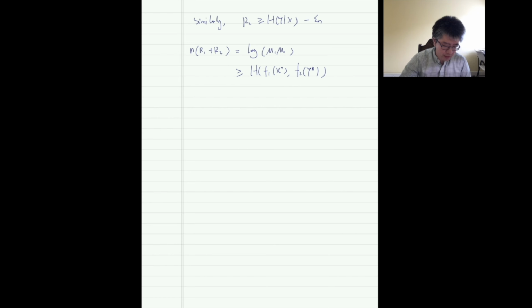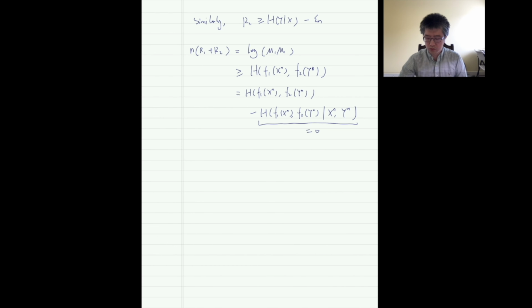And the next step is again identical as before. This is even more typical because we do not need to introduce the condition here, right? We just need to try to make the mutual information term come out. Okay, and then clearly this term is 0 because f1, f2 are functions of X and Y, right?